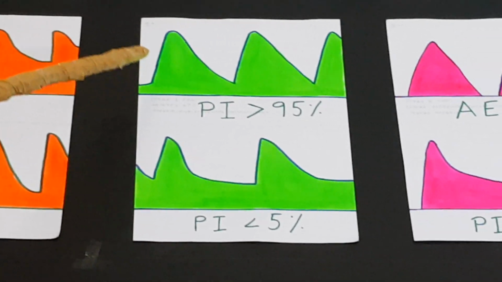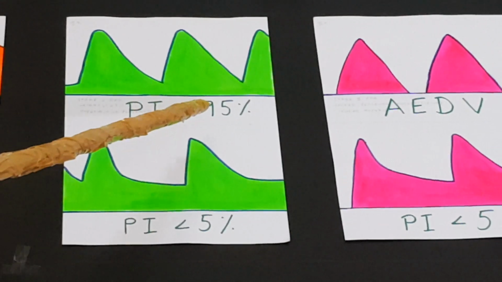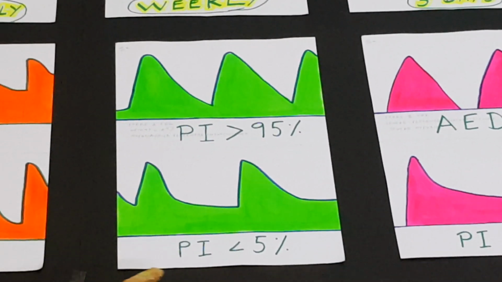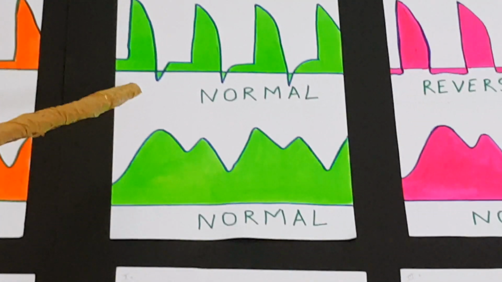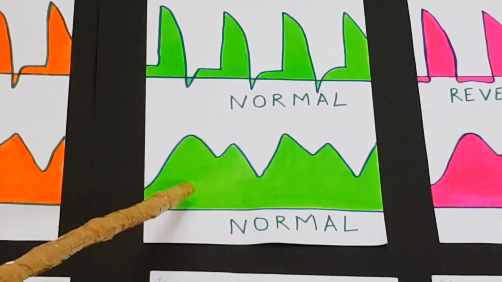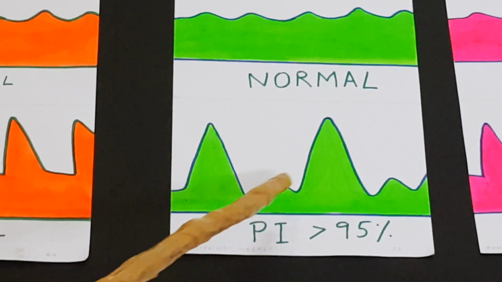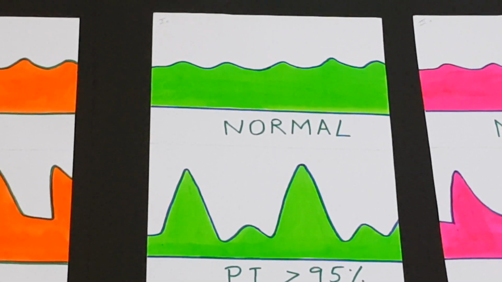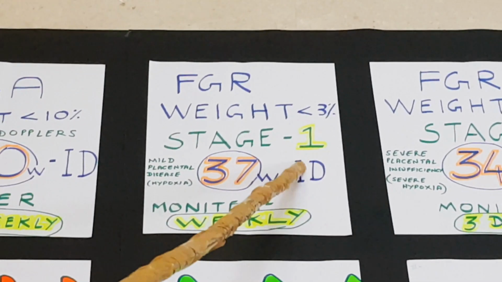If the umbilical artery shows a reduction in diastolic flow where the pulsatility index is more than 95th percentile, if the middle cerebral artery shows an increase in diastolic flow where the pulsatility index is less than 5th percentile, when the aortic isthmus Doppler is normal, when the ductus venosus Doppler is normal, when the umbilical vein Doppler is normal, and when the uterine artery shows high resistance flows, reduced diastolic flow, diastolic notch with a PI of more than 95th percentile, this combination with a weight of less than 3rd percentile gets classified into stage 1 FGR.